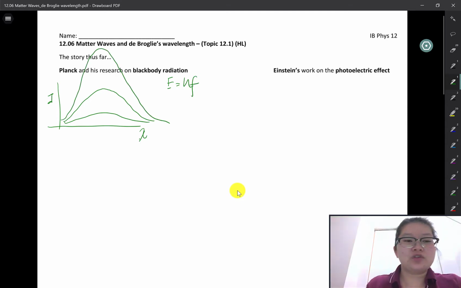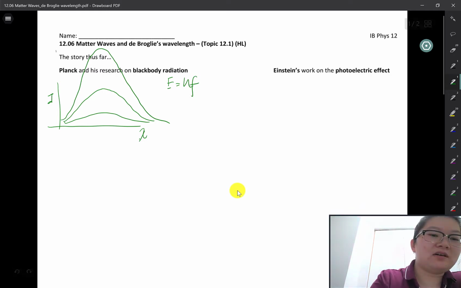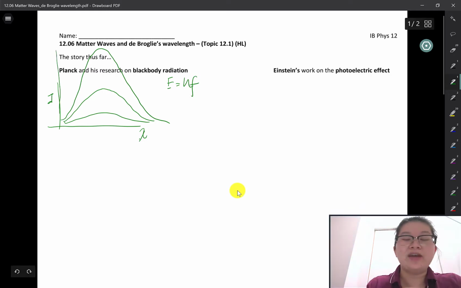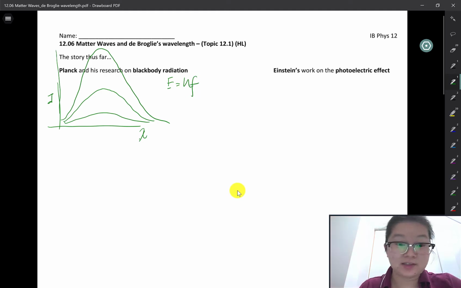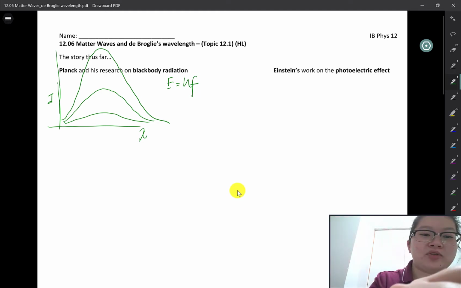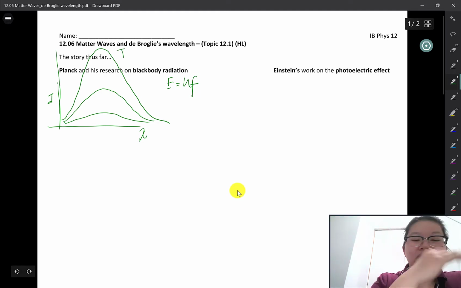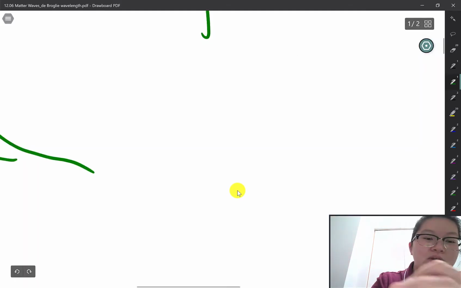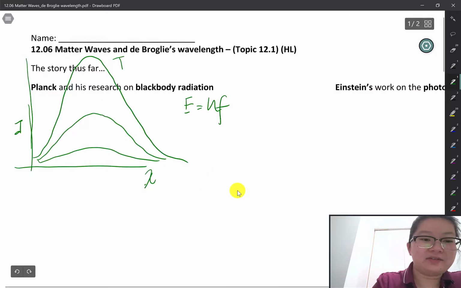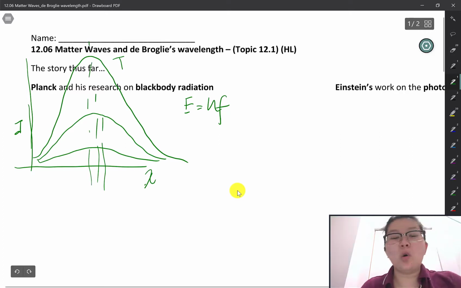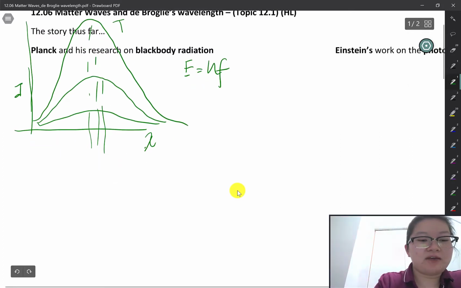You get a different distribution of wavelengths and their respective intensities. And of course, as the temperature increases, you see the peak wavelength shift towards smaller wavelengths, as described by Wien's displacement law.